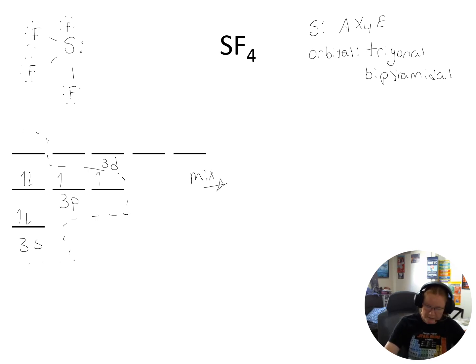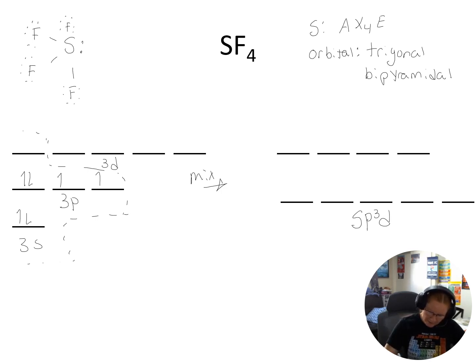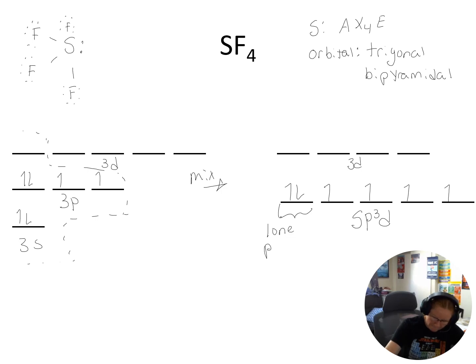What we'll be left with is our sp3d and our unhybridized 3d leftovers. We have 6 valence electrons. 1, 2, 3, 4, 5, 6. All right, so this is going to be my lone pair. And then this will be my bonding.